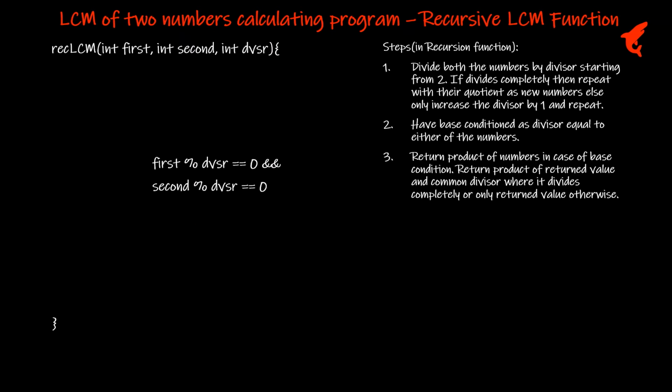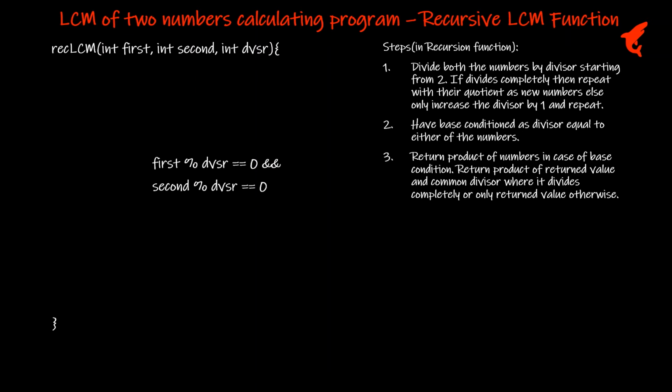Now what we are going to do here is make use of the conditional expression operator, right? We have to do two things here. We'll make the function call in two cases. First case, where the DVSR can completely divide the value of first and second simultaneously. Second case, where it cannot, right?